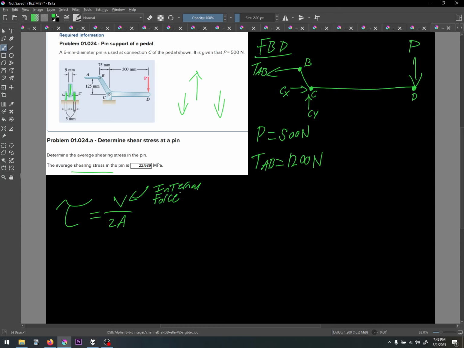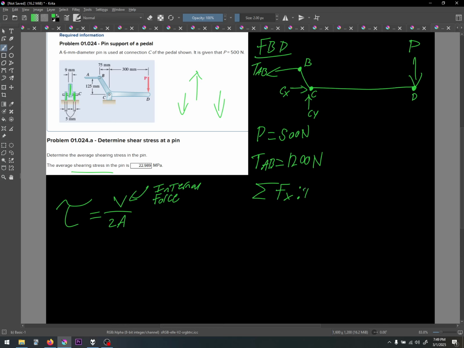How do we find the internal force? That's something I'll need to know. So we have T_AB. We have all the forces. We need to find CX. If we take the sum of the forces in the x direction, you'll notice CX and T_AB are the only two forces.